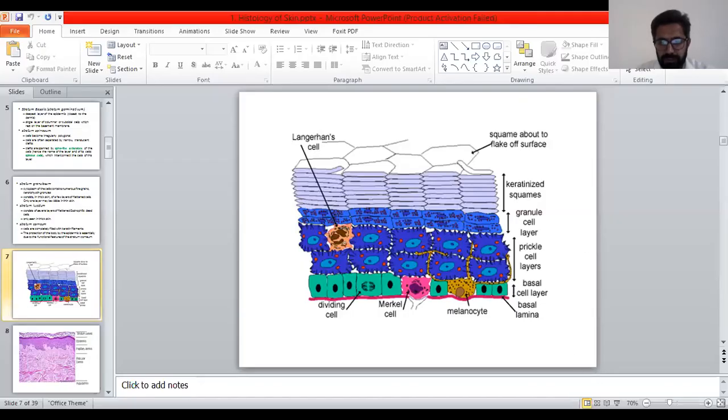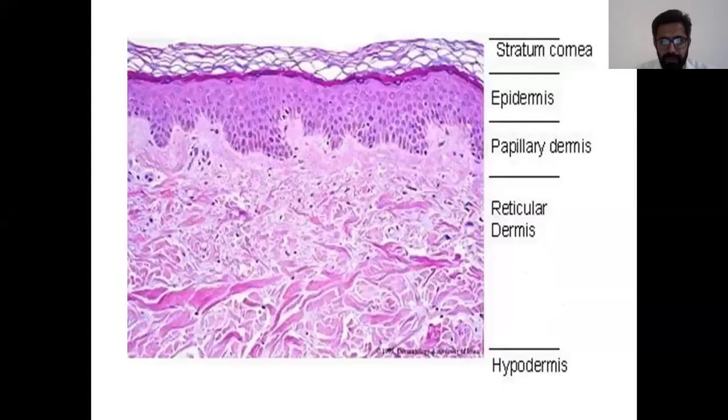So here comes again that slide which we were discussing. If we look at the actual micrograph, you can see that the skin actually consists of two layers, the epidermal layer, which is the most superficial layer, and then below that you have the dermal layer, which is further divided.